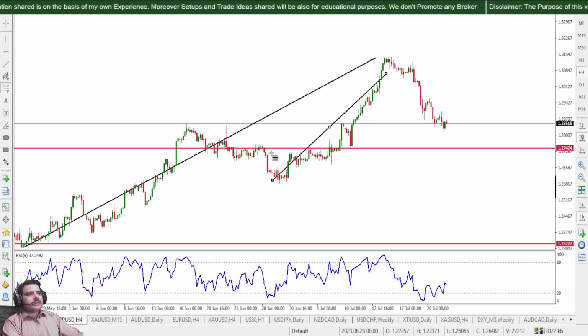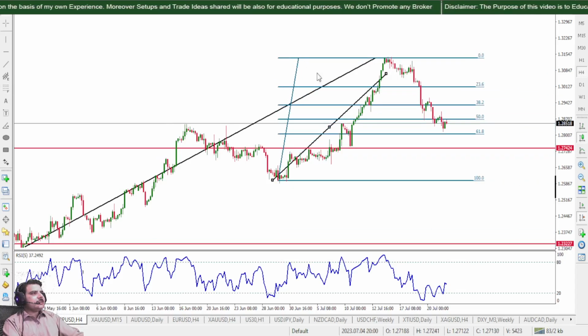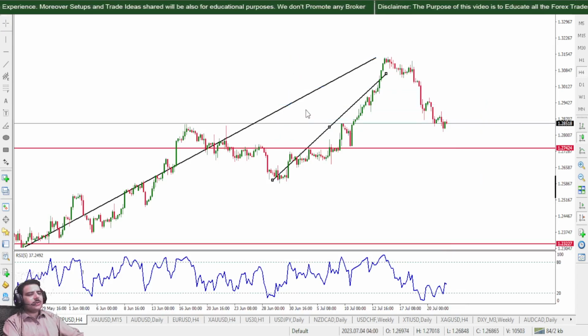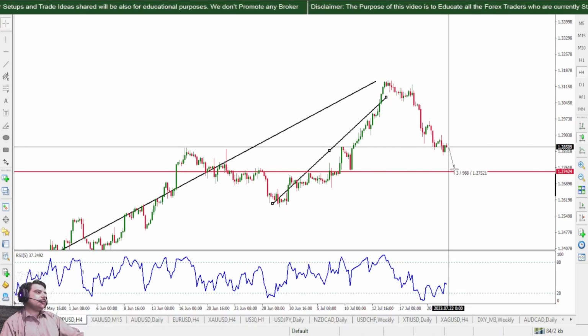Furthermore, if I drag and drop Fibonacci from right here, it is showing 61 right here, so almost like I can assume that the market took that 61, or maybe during the Monday Tokyo session, or it most probably be going to retest that level.